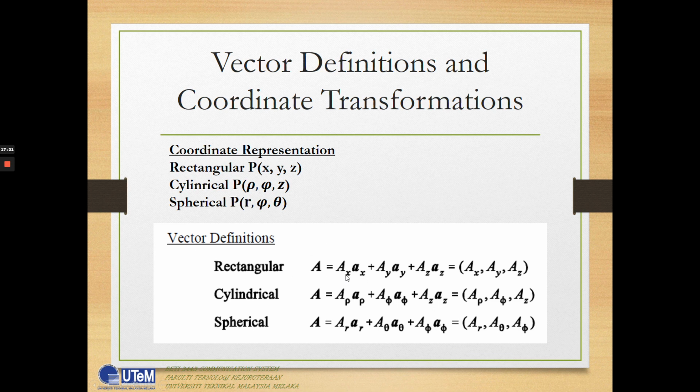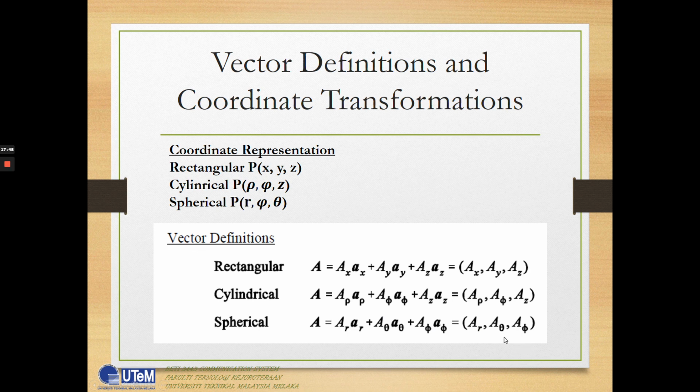And how we write the unit vectors, we know about this already. This can be i, j, and k, or AX, AY, and AZ. In a similar way, in cylindrical it can be A rho, A phi, and A Z, and for spherical it will be AR, A theta, and A phi, or vice versa.